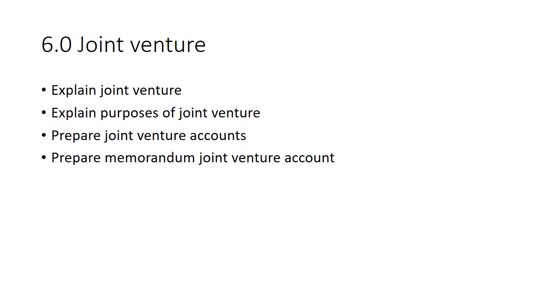They join hands in order to undertake a certain venture only. So maybe they join hands so that they can buy a house and resell it. And with only one transaction, once it is done, the co-venturers end that business. So this will be covered also. We call it a joint venture.